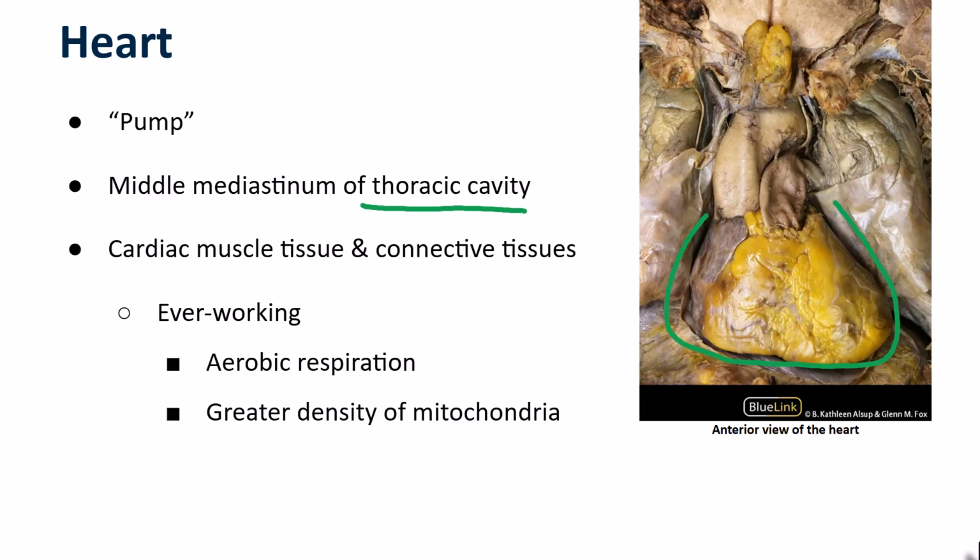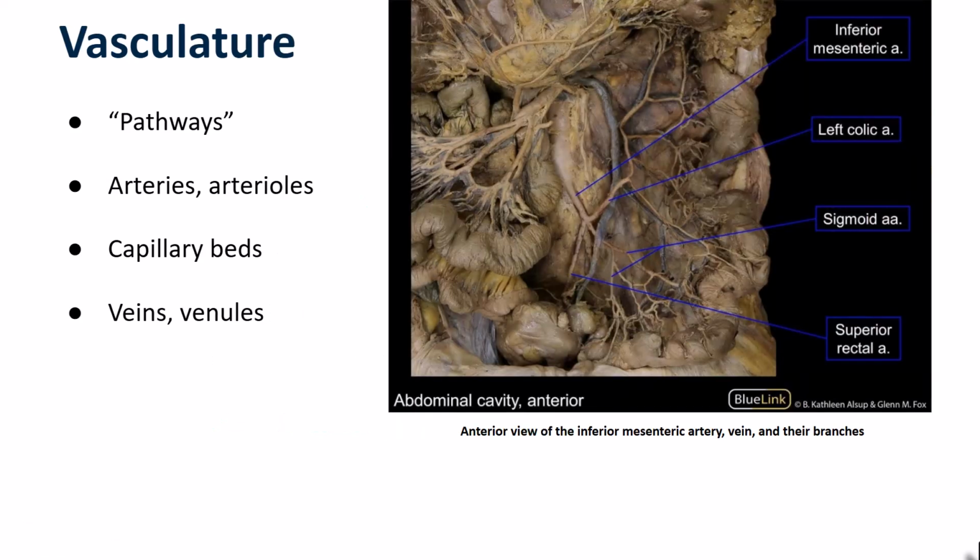Aerobic respiration is when we employ quite a bit of mitochondria to help with that furthering of glucose catabolism and other catabolic pathways, where we make a ton of ATP for power and contraction. And as a consequence of this, cardiac muscle tissue has quite a high density of mitochondria.